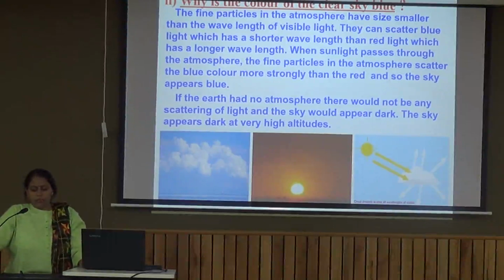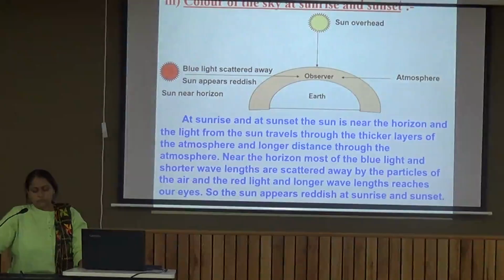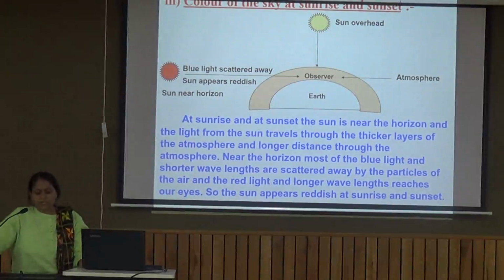So the sky appears bluish in color. And now if there is no atmosphere, what would happen? There would not be any scattering of light and the sky would appear dark, and the sky appears dark at very high altitude.